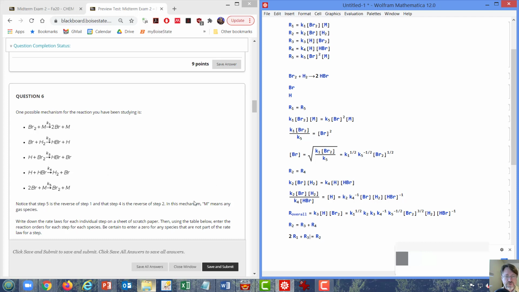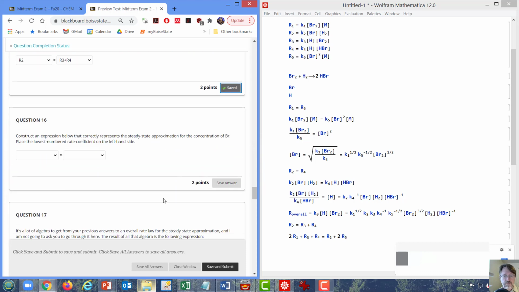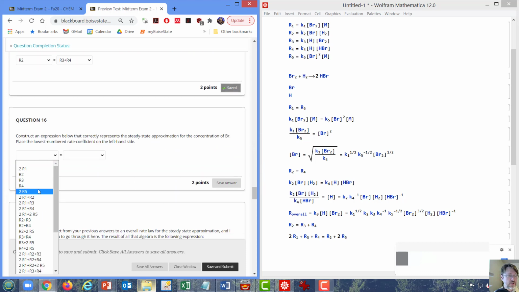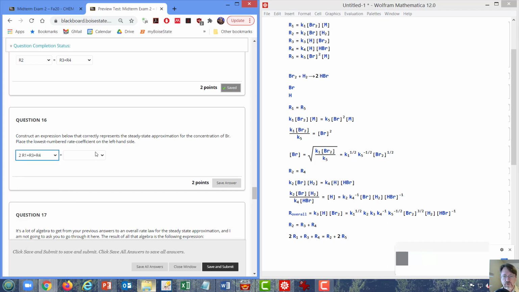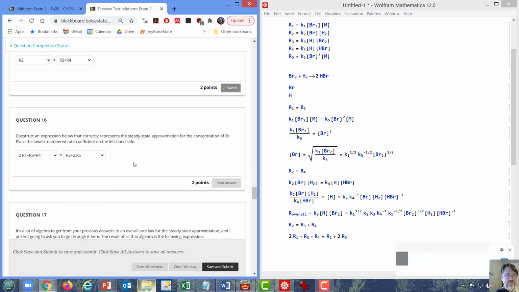It is produced in R4, so plus R4 on the production side, and is destroyed in K5 twice, so plus 2 R5. Now R1 is the lowest, so that's the one that's going to go on the left. So we are looking for 2R1 plus R3 plus R4, and we are looking for R2 plus 2R5.